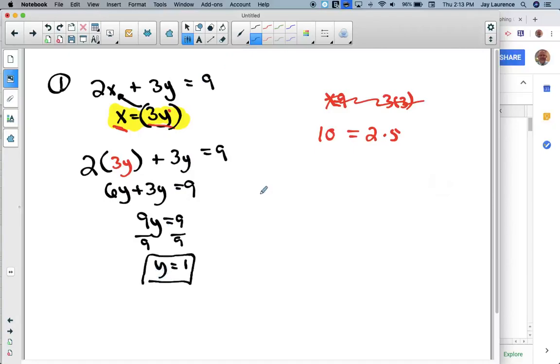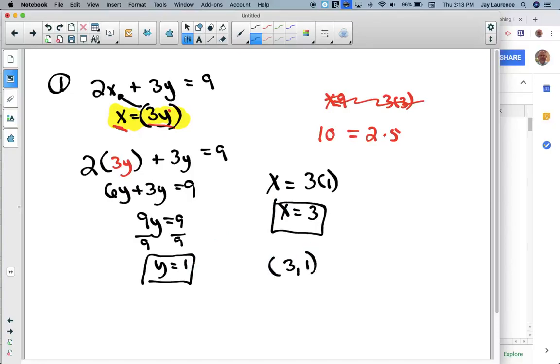To find my x-coordinate, I'm going to take that highlighted equation. x equals 3 times 1. Yeah, I just substituted 1 in for y because y is the same as 1. So then x is going to equal 3. So what this means is, if we were to graph this, the two lines would intersect at the point (3, 1).